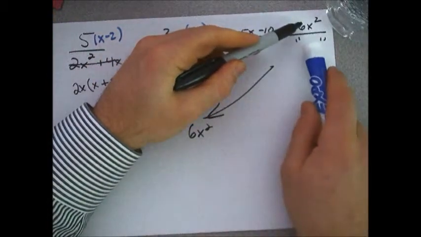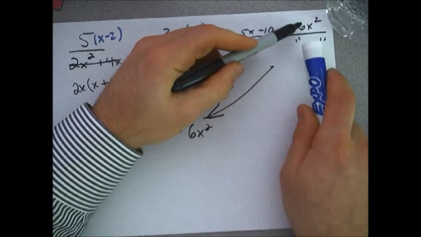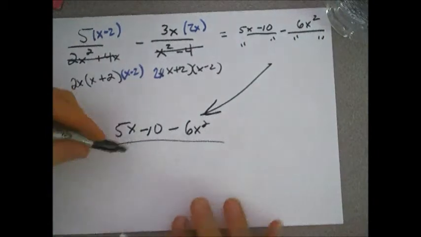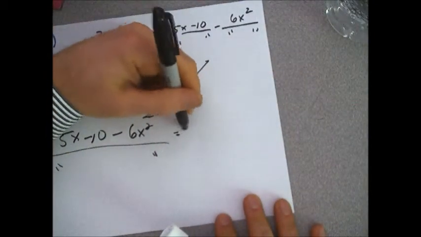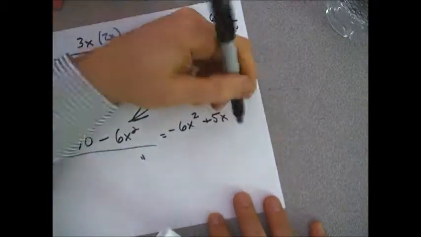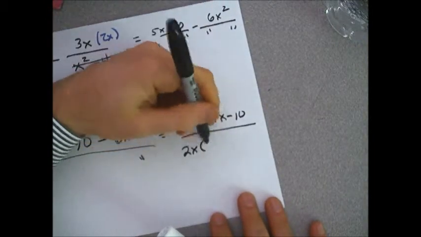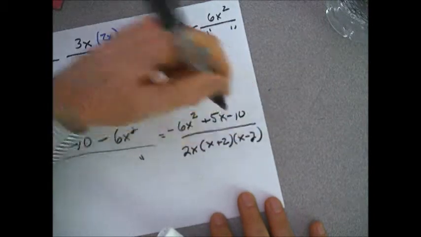If this 6x squared had been a negative, minus a negative would have turned it into a positive. That wasn't the case, so it's fine. We just subtracted it. Now write it in descending order: negative 6x squared plus 5x minus 10, all over my denominator, 2x, x plus 2, x minus 2.